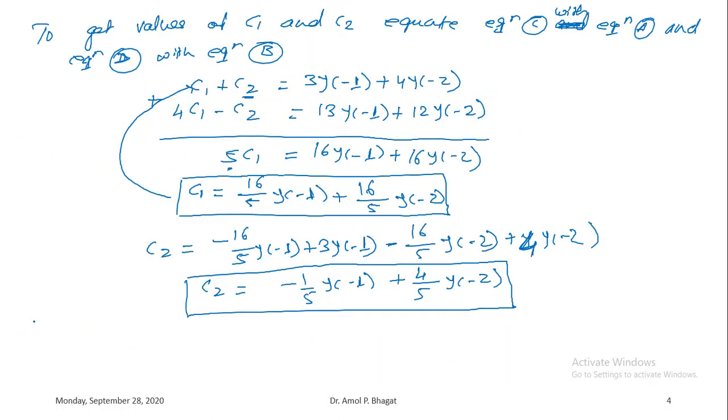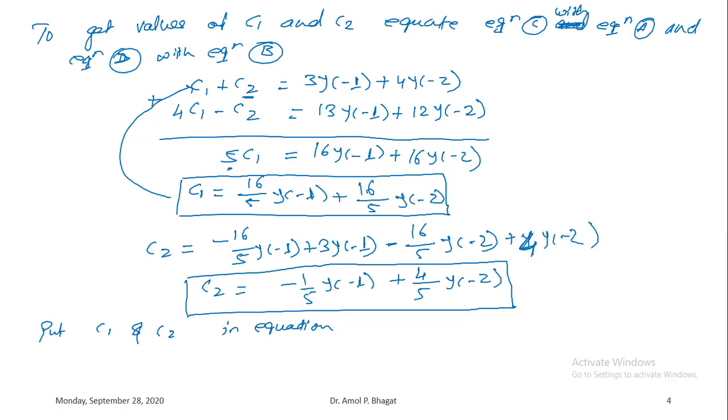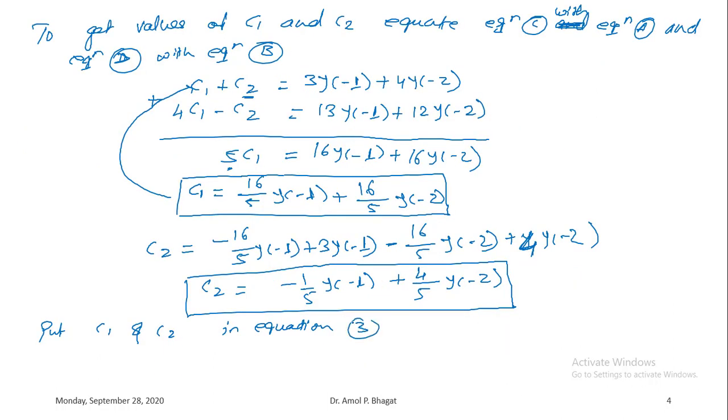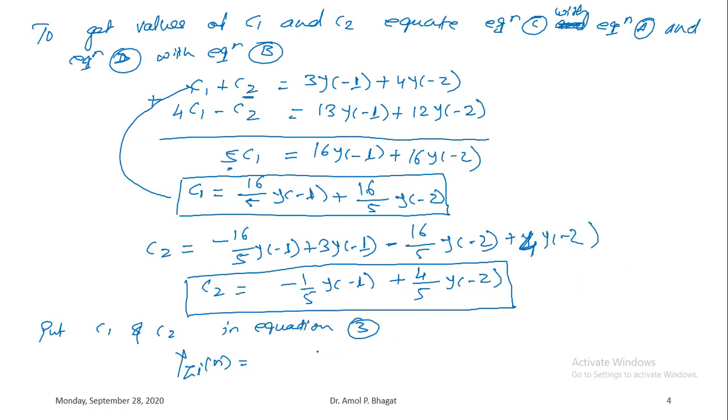Right? So put c1 and c2 in equation 3. Okay, so that will now be called the zero input response yzi of n. Okay, so what is that, c1 multiplied by 4 raised to the power n. Okay, so what is the value of c1?